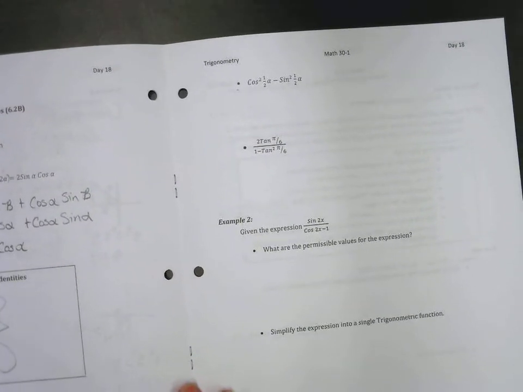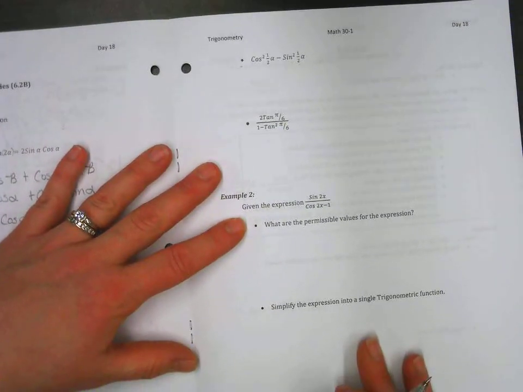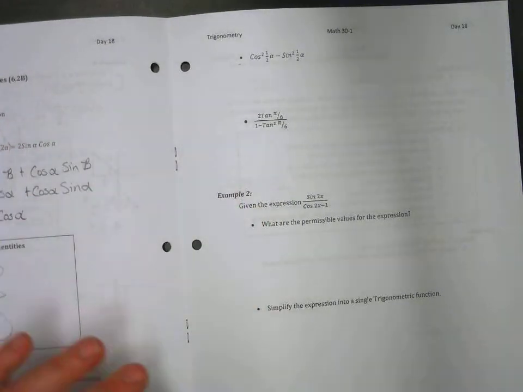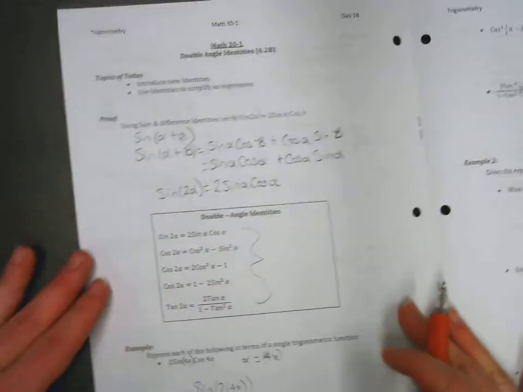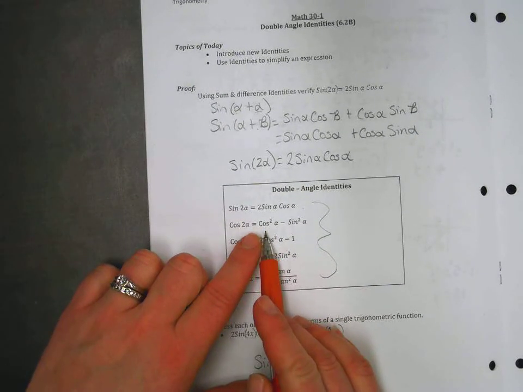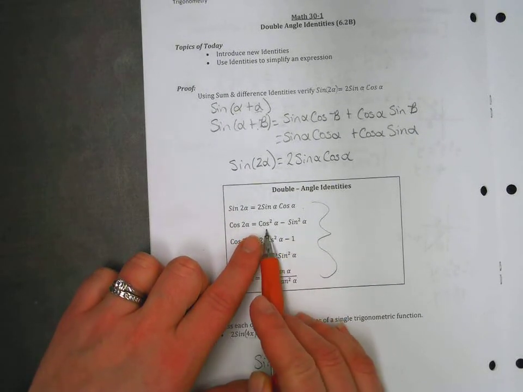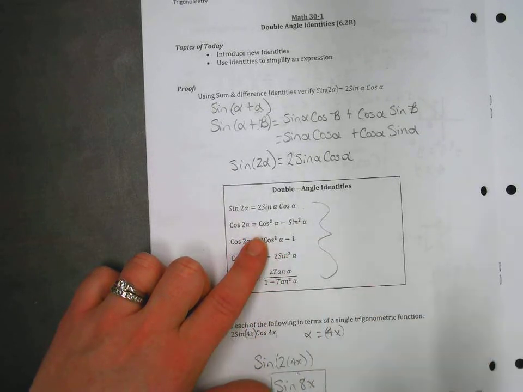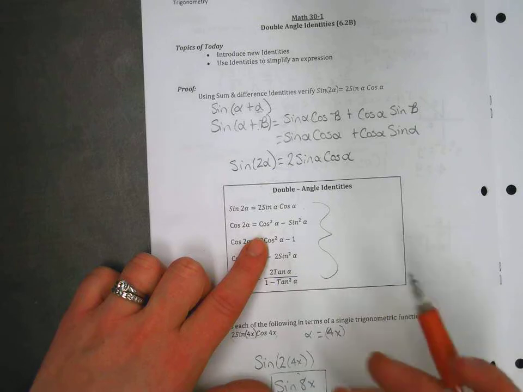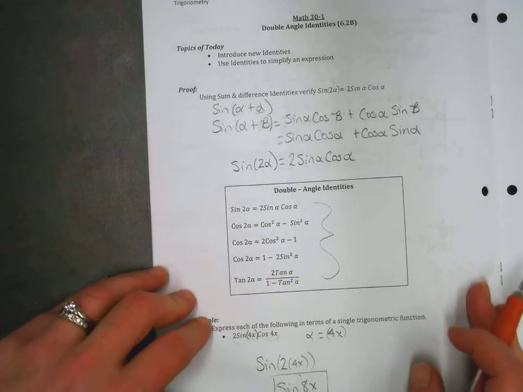All right, similarly, cos squared of 1/2 alpha minus sine squared of 1/2 alpha. Again, I'm going to go to my identities, and this looks very similar to cos squared alpha minus sine squared alpha. But in this case, the angle is represented by 1/2 of alpha, but that's okay.